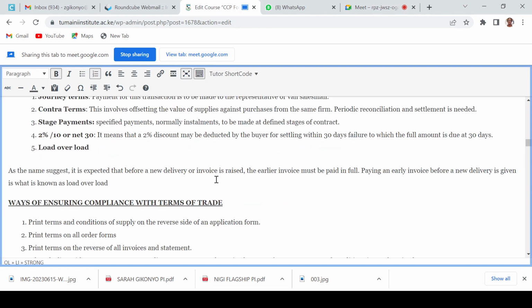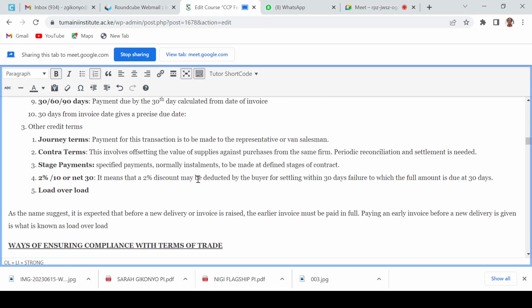We can move on. We have the other terms, which you will come across. You should be in a position to explain what they are all about. This one is called journey terms. Journey terms, safari, just as the word means. Payment for this transaction is to be made to the representative or a van salesman.